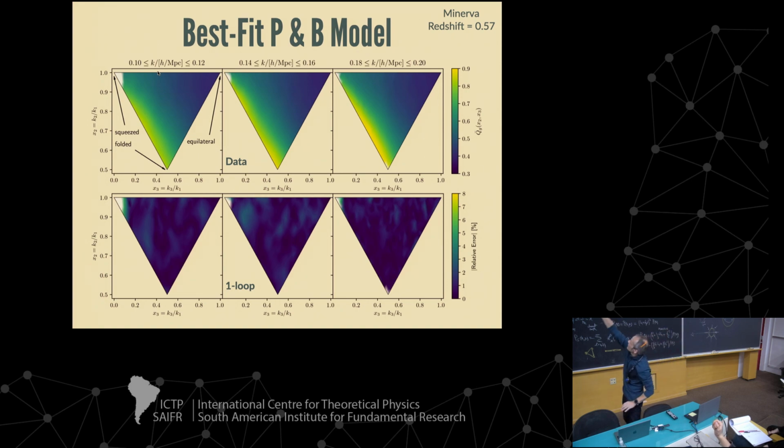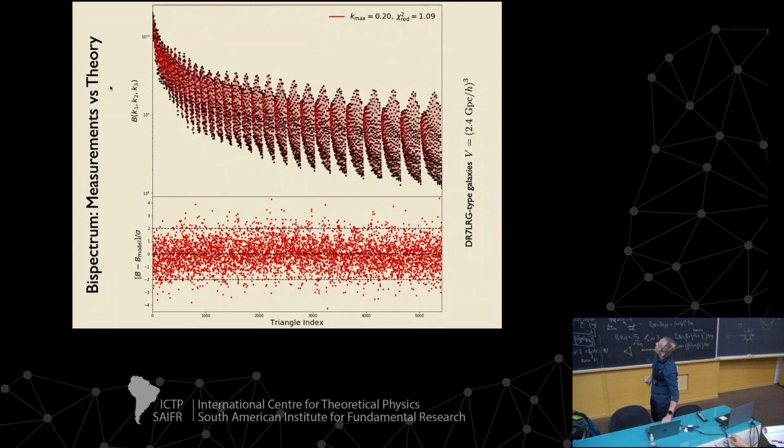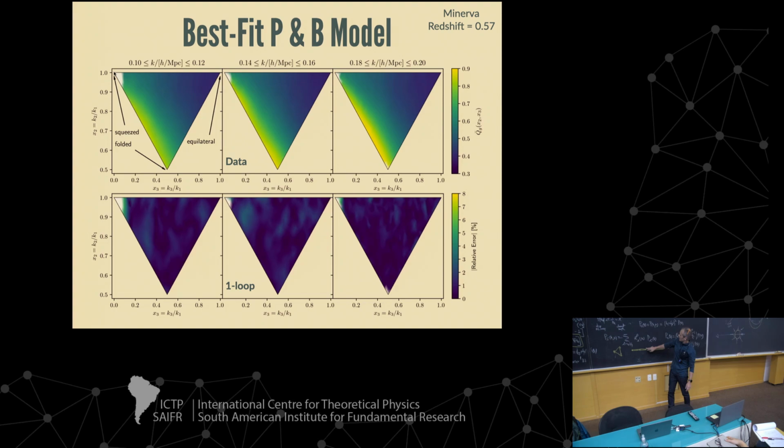The overall average are the three different panels, and I go from left at low k, and then keep marching into high k, okay? And the way to read these plots is that in this corner I'm looking at equilateral triangle shapes, because the two ratios are 1, okay? In the upper left corner, I'm looking at squeezed triangles, which are like this. And in the lowest corner, I'm looking at folded triangles, which are like that, okay? And in the middle is some arbitrary shape.